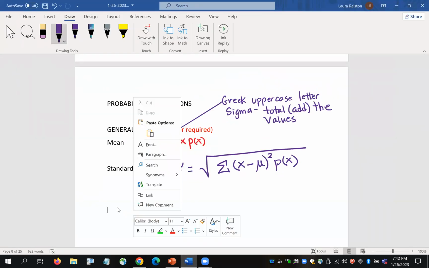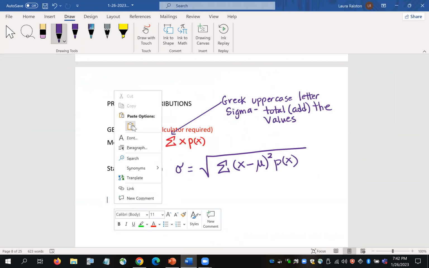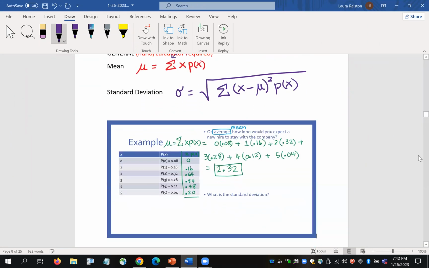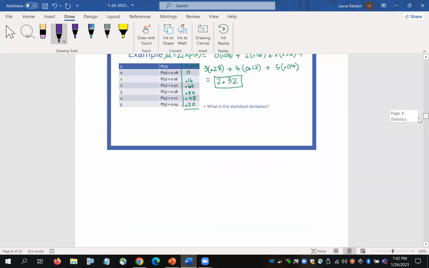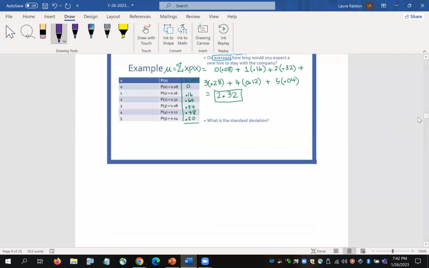I'm going to bring it over here to my paper, hopefully. Okay, so it might be easier if I make myself a table so that I have the X, which is 0, 1, 2, 3, 4, 5.